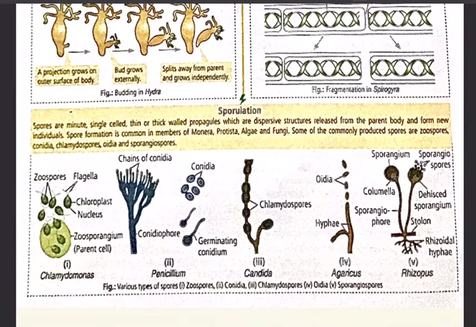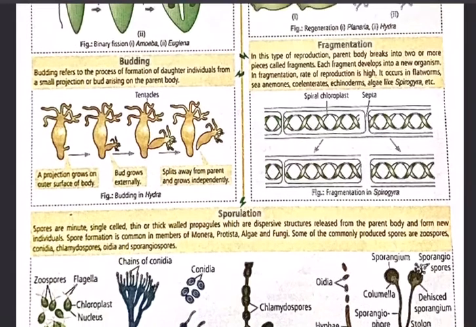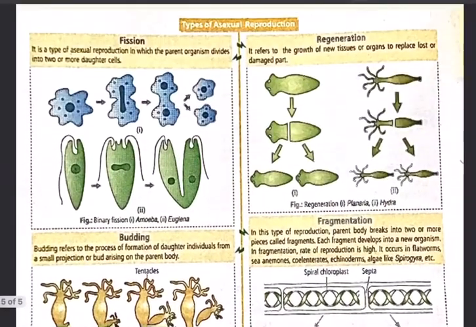So each sporangiospore will disperse from the sporangium, fall into, say, a moist place, and the moment it finds a moist place, each sporangiospore starts generating into a new adult Rhizopus. So this is how the spores will help in increasing the numbers.